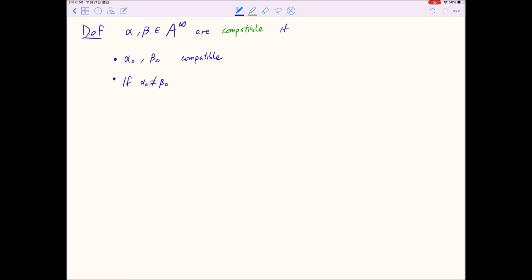And if the two untagged versions are not the same but they share an endpoint, then they should be tagged the same way at that endpoint.